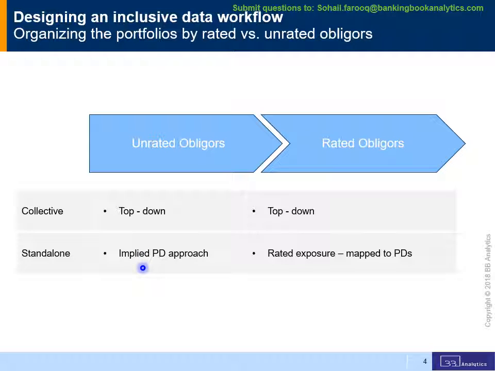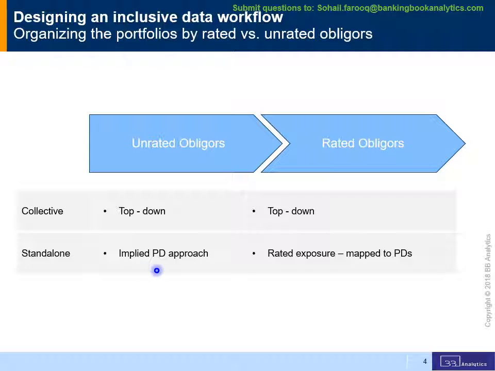To address this challenge, we used the risk-weighted assets assigned under Basel's standardized approach to unrated obligors. For example, Basel assigns 100% risk weight to unrated corporates, which implies an approximate probability of default of 1.2%.